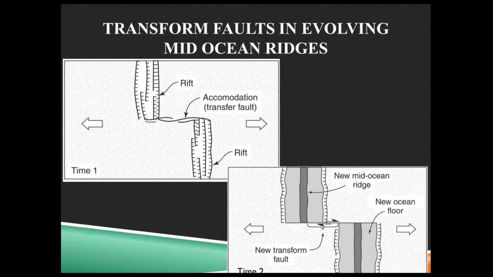And the way it happens is those accommodation zones where there's small faults and lots of distortion and deformation start connecting and joining and becoming a transform fault. So what starts out as just an accommodation zone becomes a transform fault.